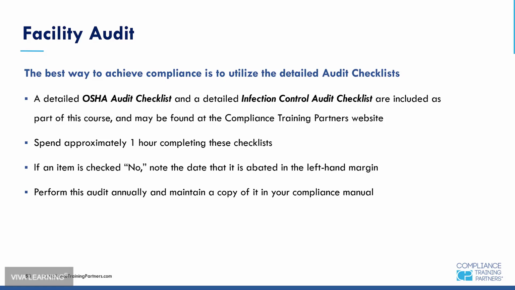For the yes items, great, congratulations. For the no items, you're going to want to go back and write the date that those are abated and keep those checklists. Do this every year. That way you won't forget these little things.